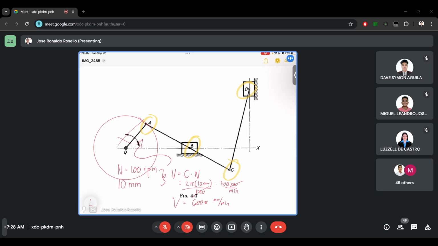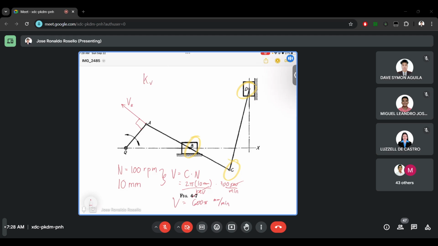Then, this is only the velocity. We don't know where the direction is, but we do know that it is connected to point A at link QA, meaning the velocity of this should be perpendicular to link QA. For us to draw how long the vector for velocity A is, we must have a velocity scale.